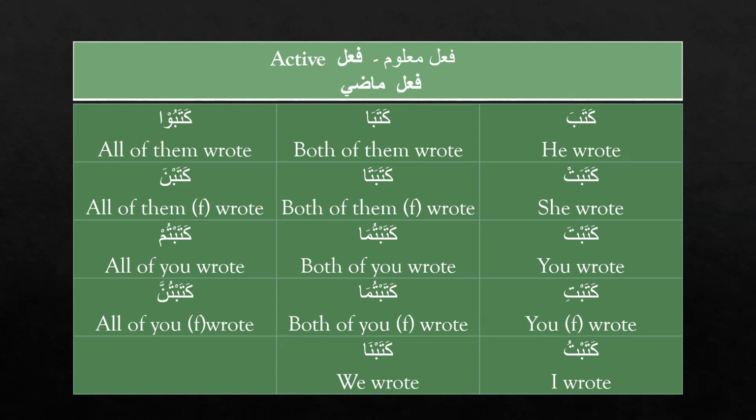We learned that the doer is known in Fa'il Ma'loom. He wrote. You know that here he is your doer and it is known. So all these 14 sighas are Fa'il Ma'loom for the Fa'il Madi chart. Alright? Just like that we will do Fa'il Majhool inshallah. But for now, do you remember this?